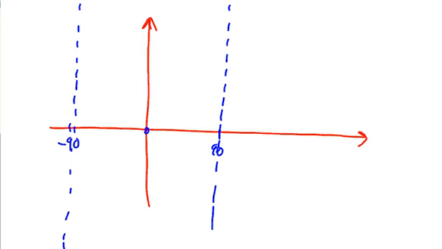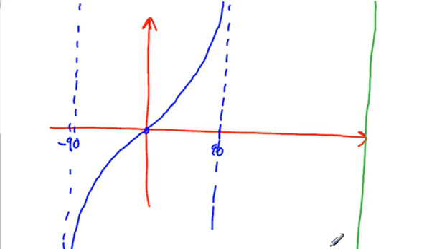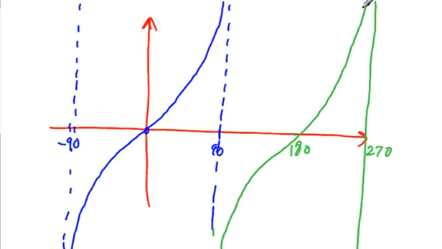The picture of tangent starts from the bottom, passes through the origin, and goes up. Then you repeat this thing. Like from 90 to 270, you have another piece. At 180 is the midpoint, and this is the second piece of that puzzle. So this becomes a graph of y equals tangent of x.